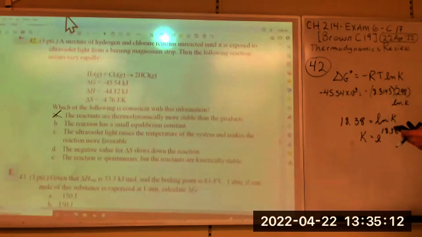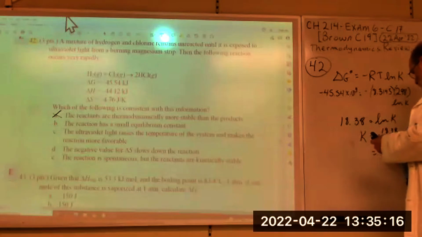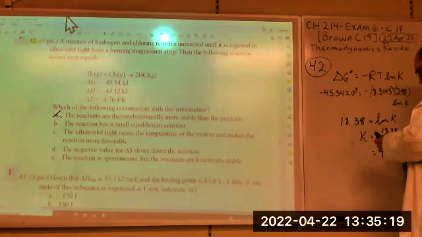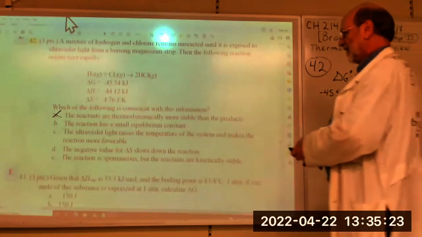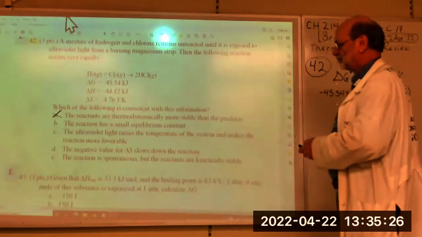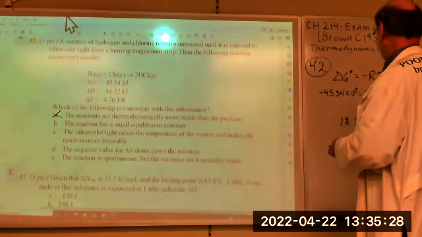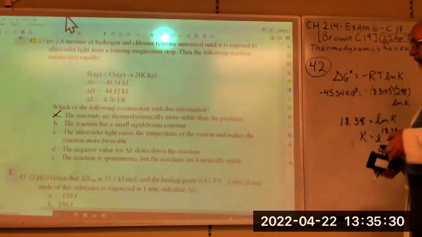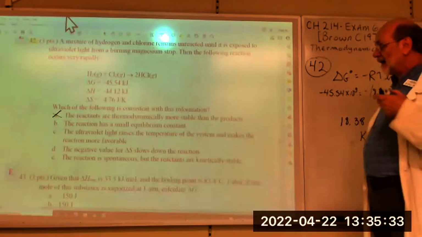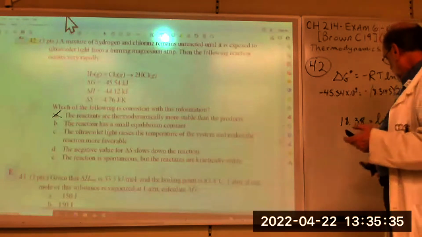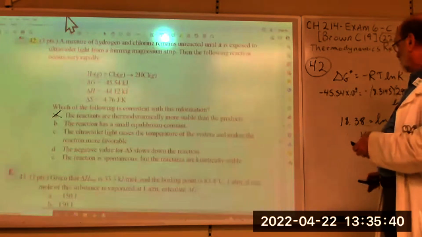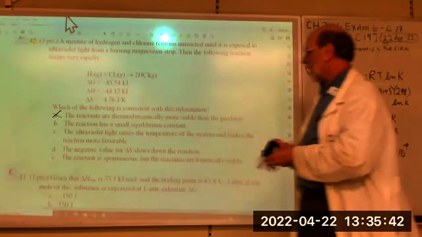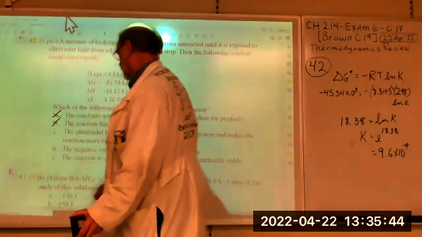K is equal to 9.6 times 10 to the 7th. That's a pretty big K. And actually, your K is going to be positive. Anytime delta G is negative, it's going to be greater than 1. So it's not a small equilibrium constant, it's a large one.